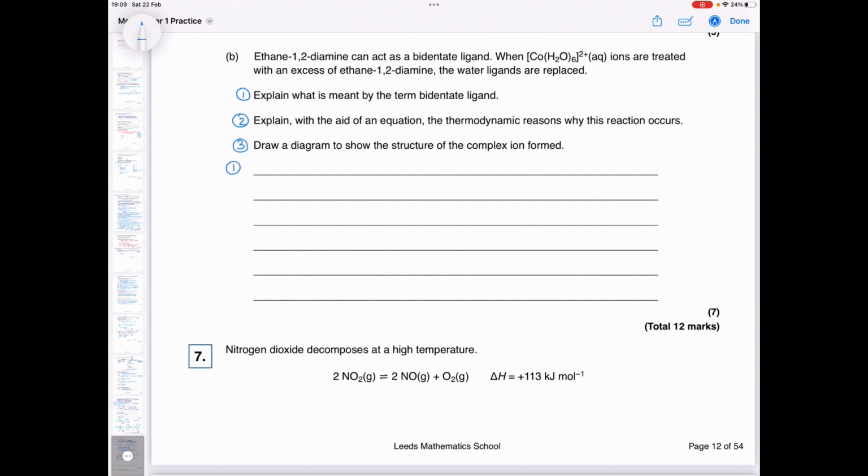Number 1. This is a molecule containing 2 lone pairs of electrons, each of which forms a coordinate bond to the central metal ion.